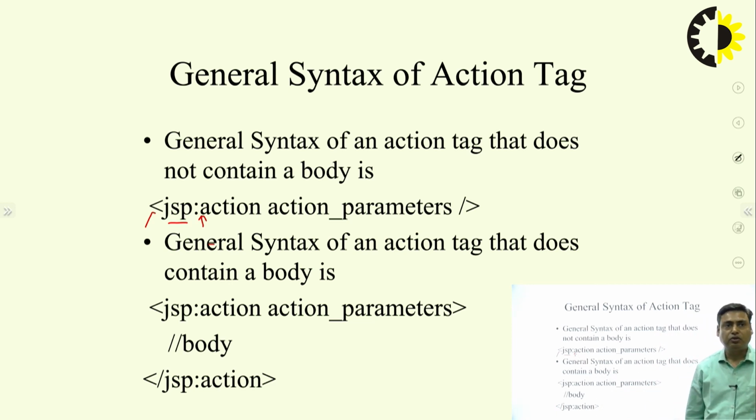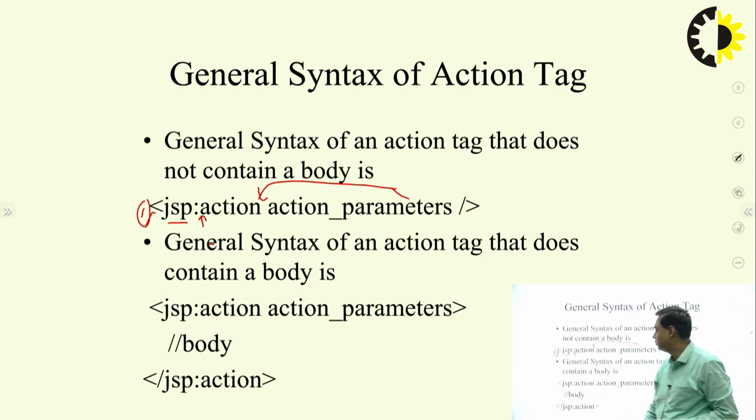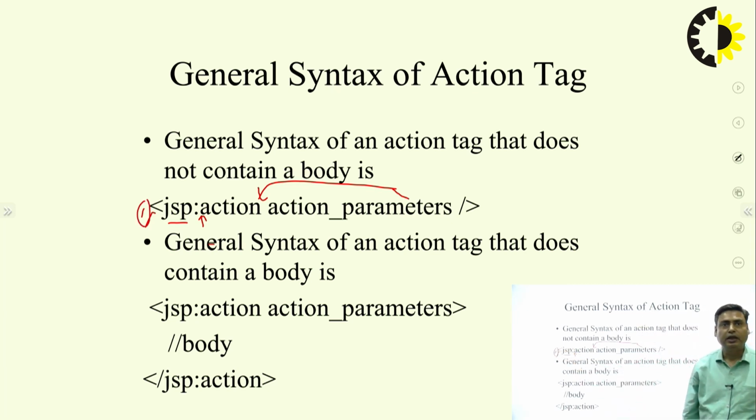Then after the colon, you will write any action name. We will give and discuss an example. And according to the action, you can write the parameters which are needed for a particular action. This is one way to define a JSP action. It is an empty tag. There is no body of this tag.